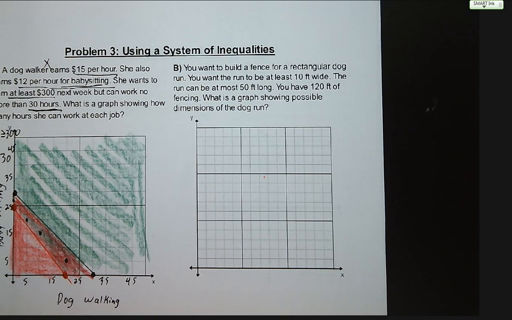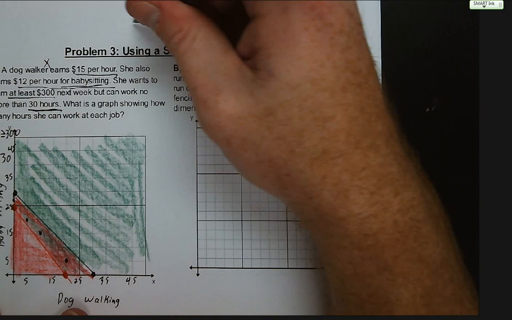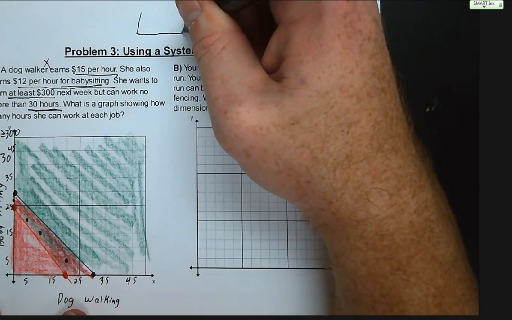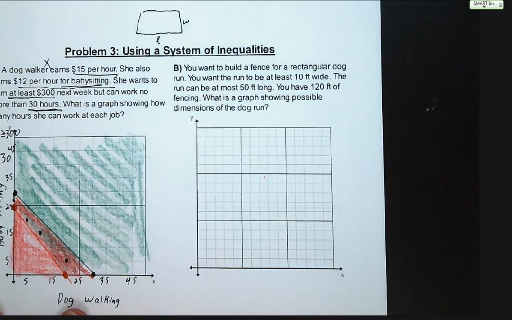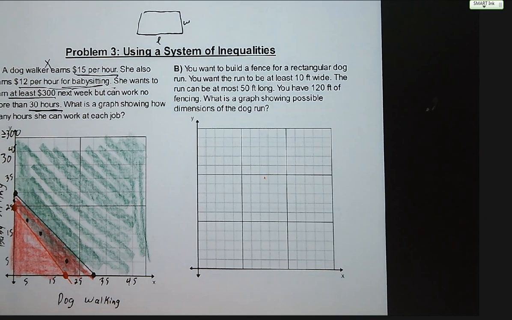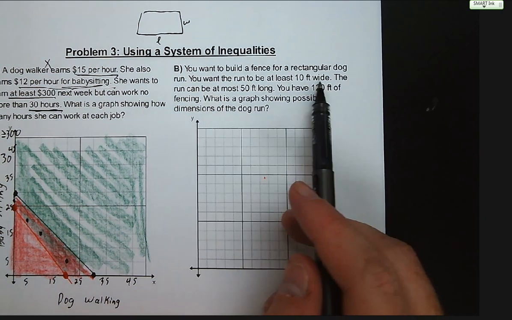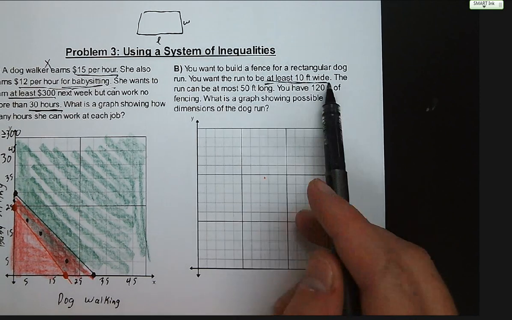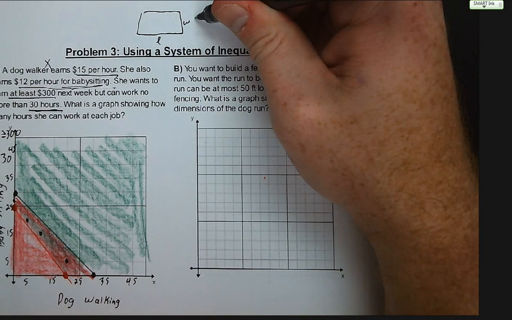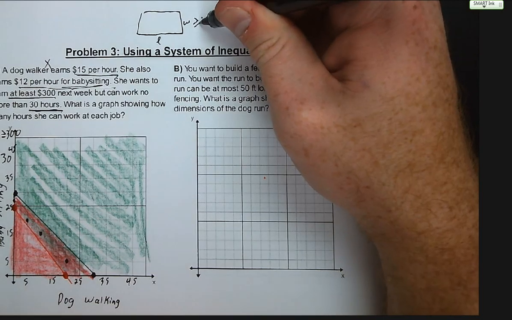So let's just do a quick little sketch at the top of the page here. We want a rectangular dog run, length, width. So we want the width, sorry, to be at least 10 feet wide. So our width has to be greater than or equal to 10.